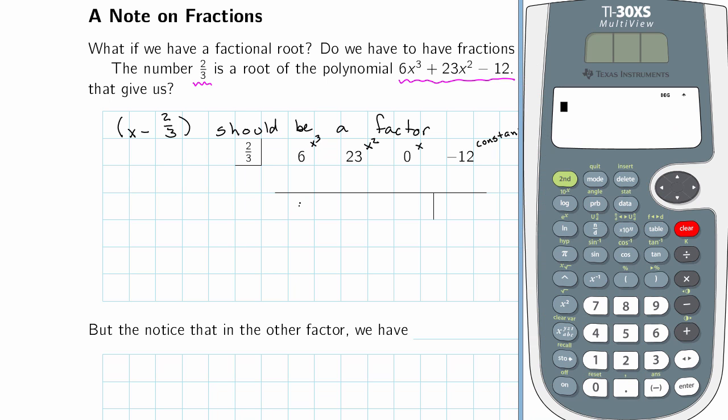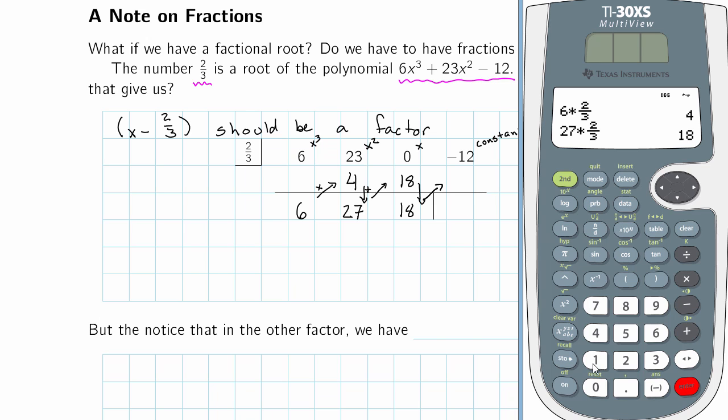I start by just copying the 6 down, and then we multiply. 6 times 2/3 is 4, and we add. 23 plus 4 is 27. We multiply. 27 times 2/3 is 18, and then we add. 0 plus 18 is 18.